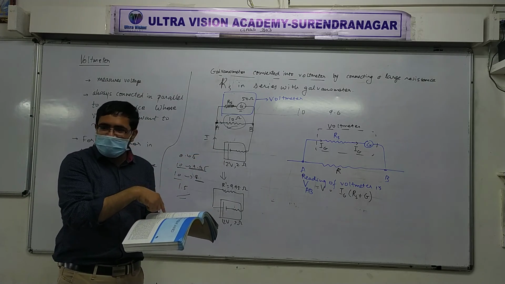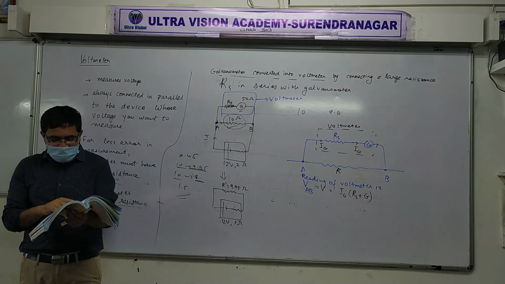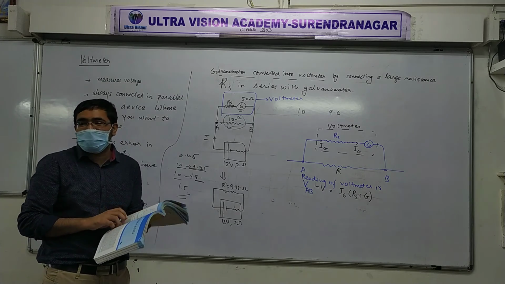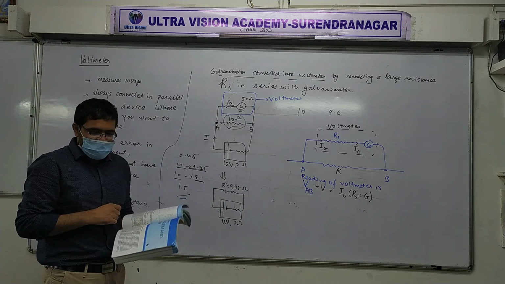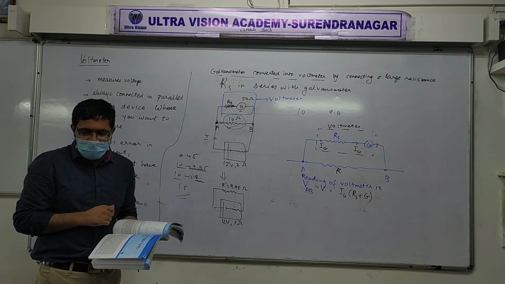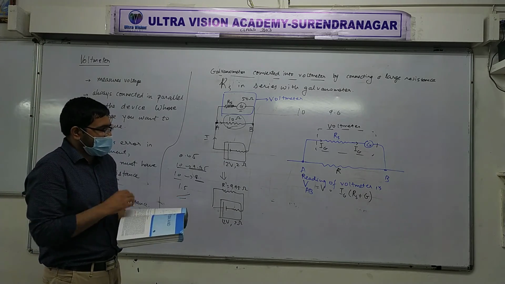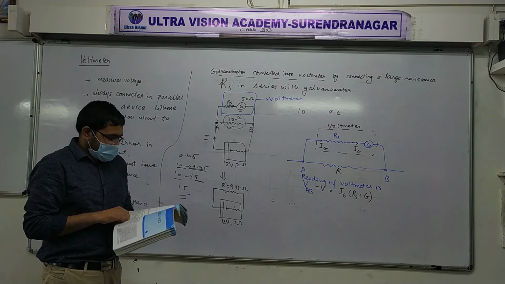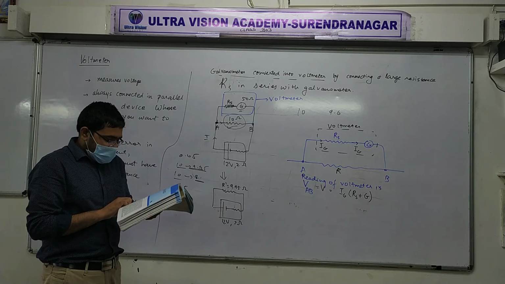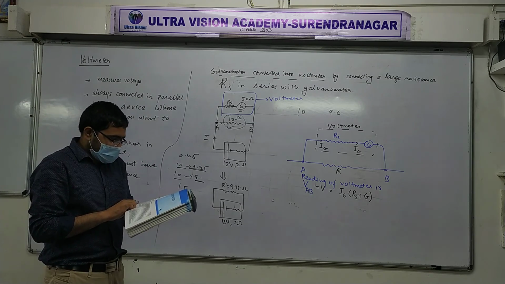A galvanometer coil has a resistance of 12 ohm. Whose resistance is that? G. G's value is given, 12 ohm. And the meter, meaning the galvanometer, shows full scale deflection.